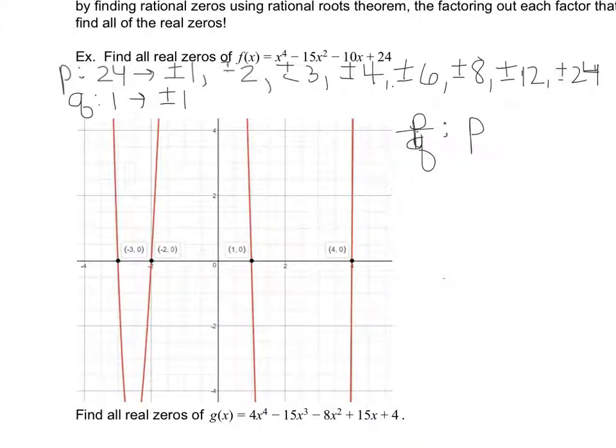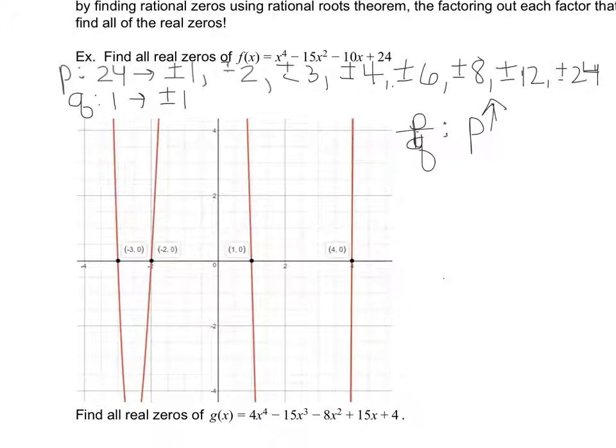Instead of rewriting them out, I'm just going to have you look up here at P. Since I'm just dividing them all by 1, I'll get the exact same thing. So those are all the potential real zeros.